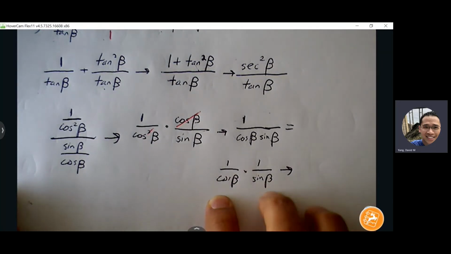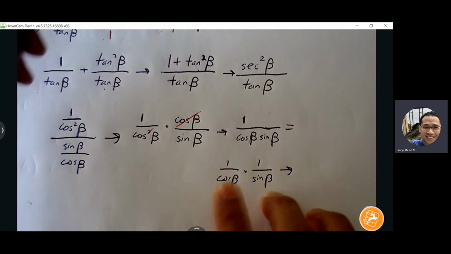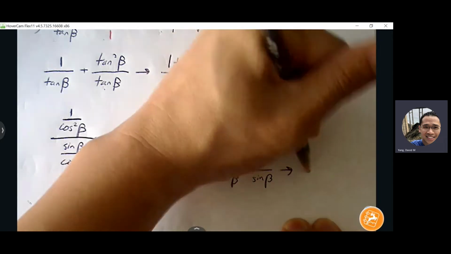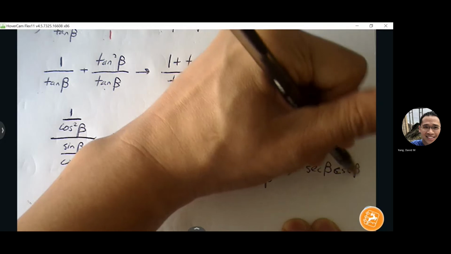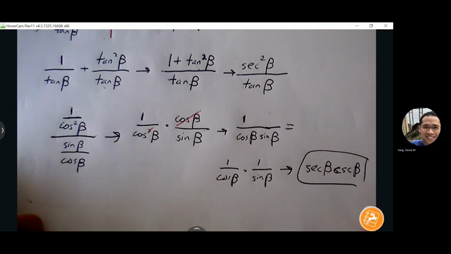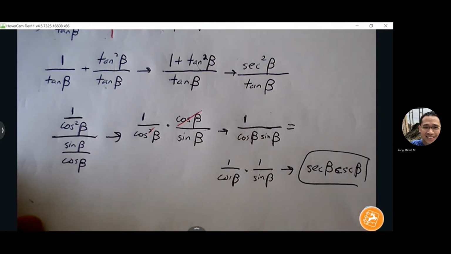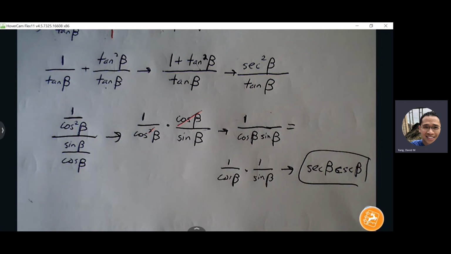Oh, okay, that's cosecant, that's secant, cosecant. Okay, we're just going to continue working with this. We'll pick this up on Monday. Okay, don't forget your phone.